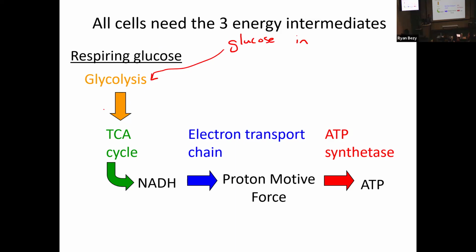What's glycolysis going to make? Two net ATPs, two NADHs, and two pyruvates.